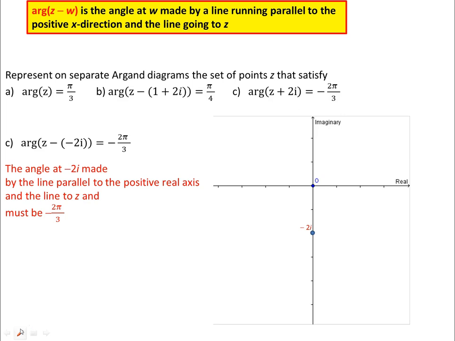We put in the line through minus 2i, which is parallel to the positive real axis. We've got to make an angle of minus 2 pi by 3 with that line. Now minus 2 pi by 3 means it's got to be a clockwise angle of 2 pi by 3. And the locus of z must lie on the line going out at that angle of minus 2 pi by 3.